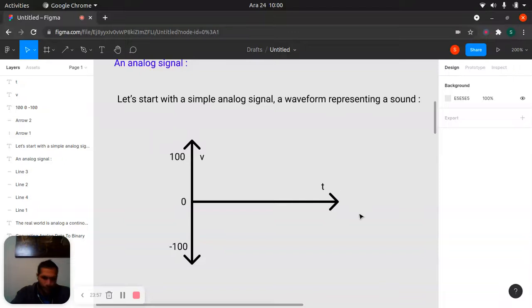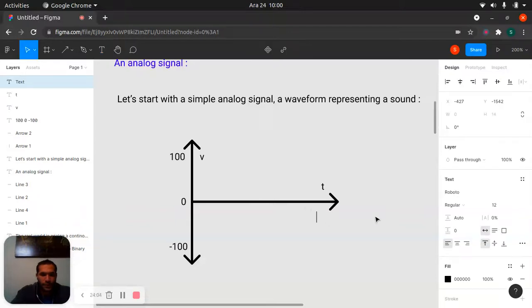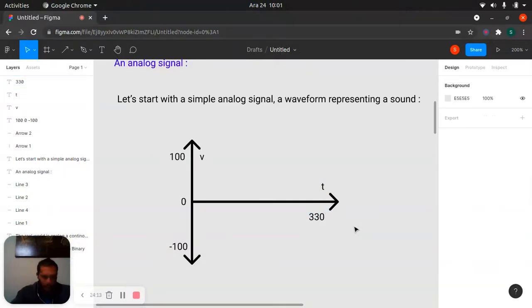Okay, this one is good here. We can represent time also. Time can be 330 seconds. We can think like that, right? Yes, we can put it here.